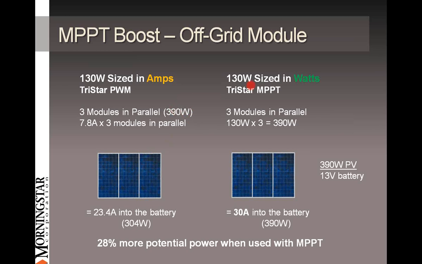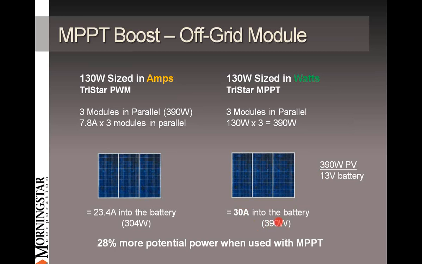Okay, so when we size a 130 watt module in watts, and we use it with a PowerPoint tracking controller like the TriStar, you're going to see that 390 watts is converted. Again, perfect efficiency here, but just for example's sake, you divide 390 by 13 volts, you get 30 amps. That's your full wattage.